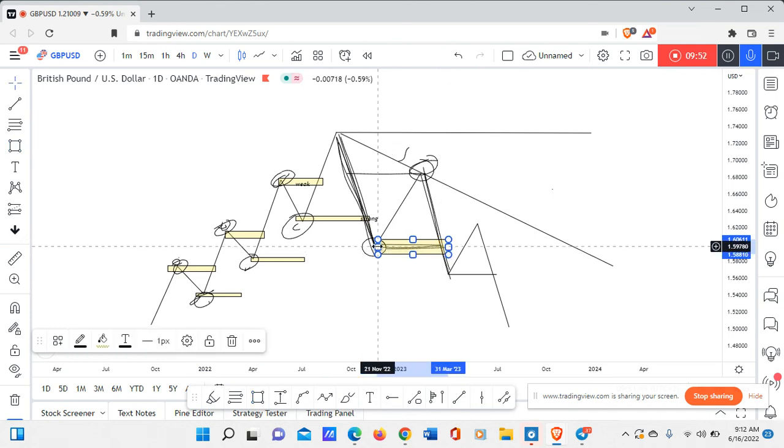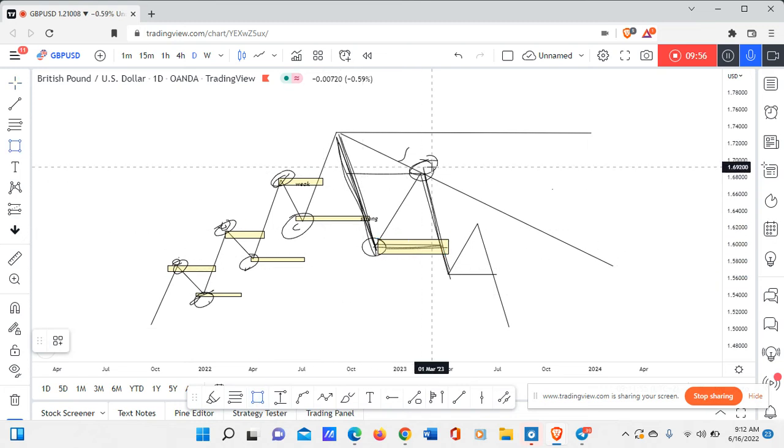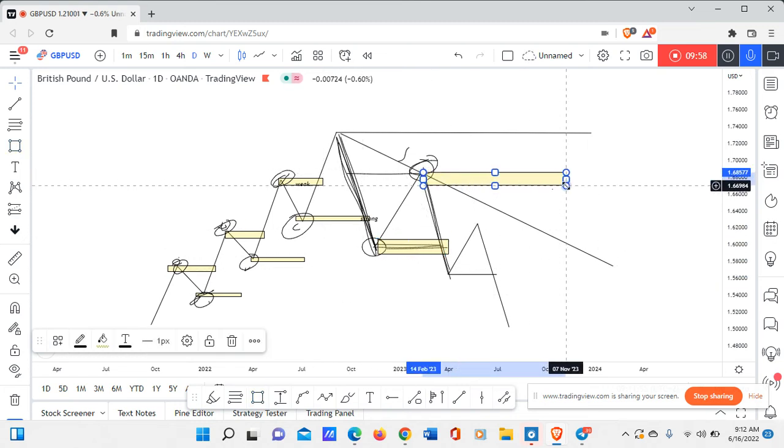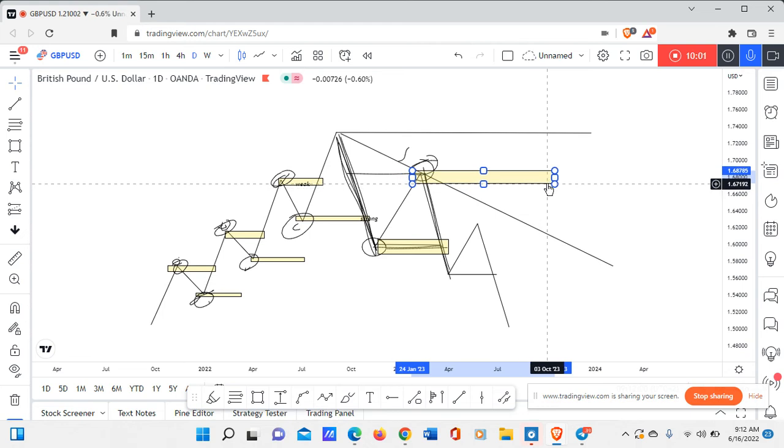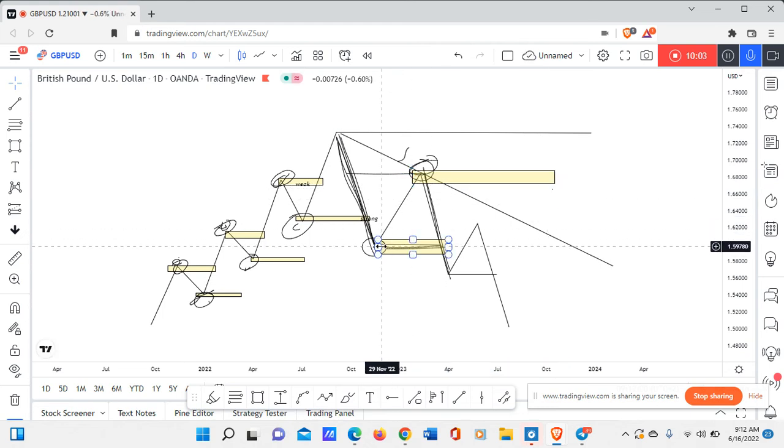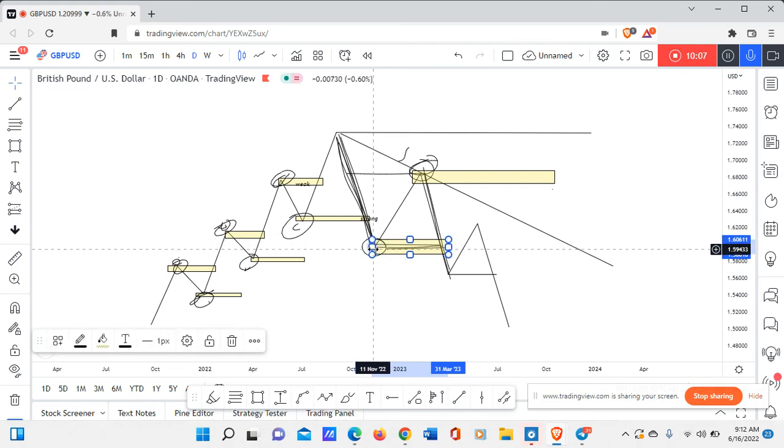Because every time the demand tries to push price higher, the supply comes in and overpowers our demand, whereby we can see this low is considered to be weak. Why? Because it did not achieve to break this high. And this high is strong, because it achieved to break this low.